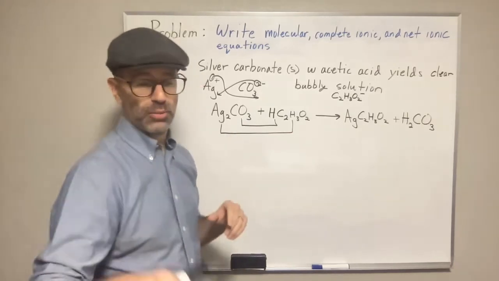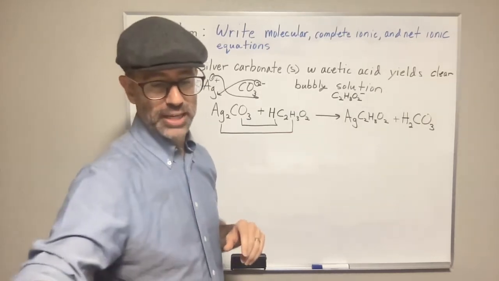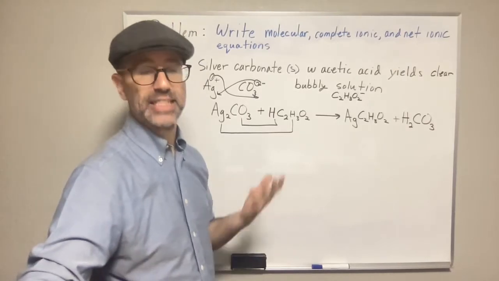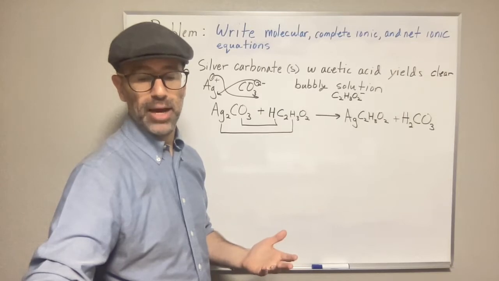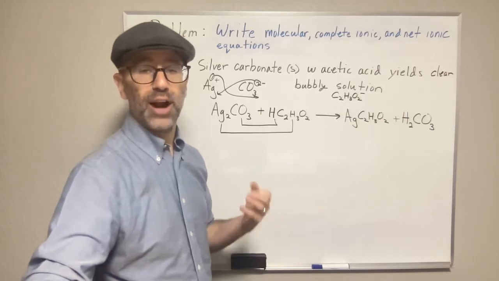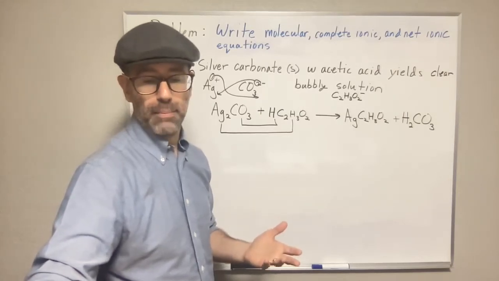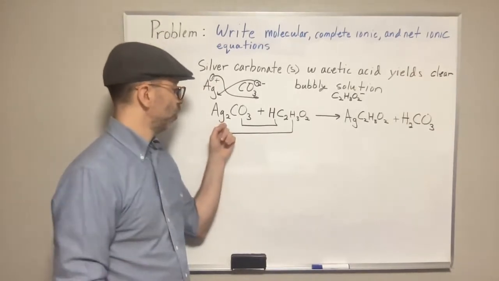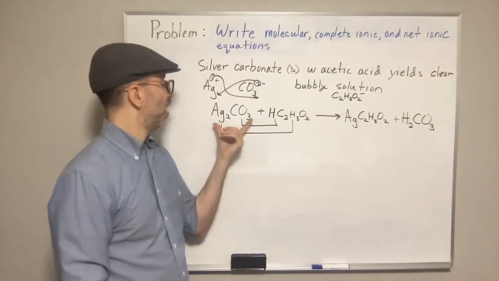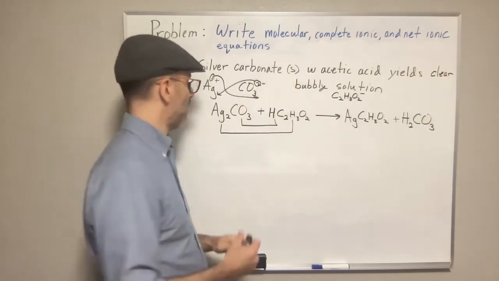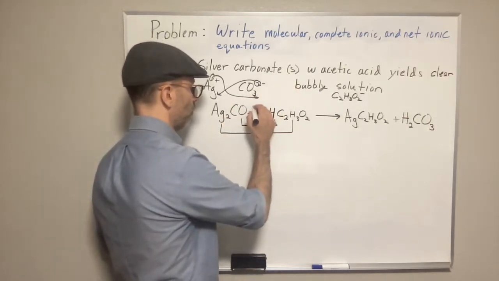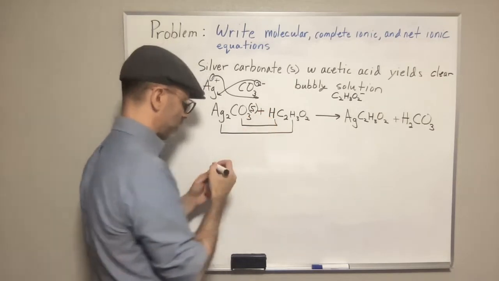So according to solubility rules, it says carbonates are insoluble except when you have a group 1 metal, or that would be your alkali metals, or ammonium. And here we have silver, so that is not one of those. However, we're told that it is a solid in this case, so we'll write solid.